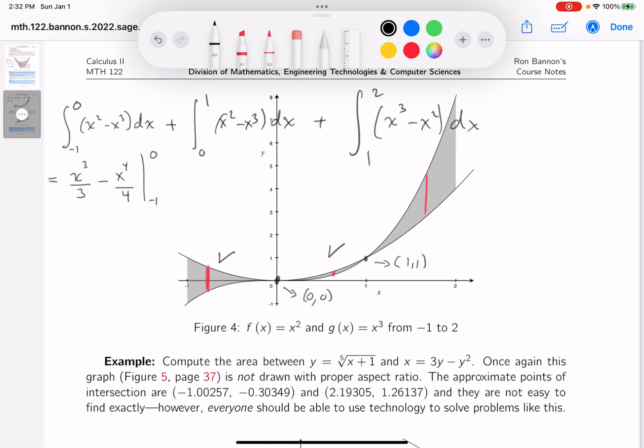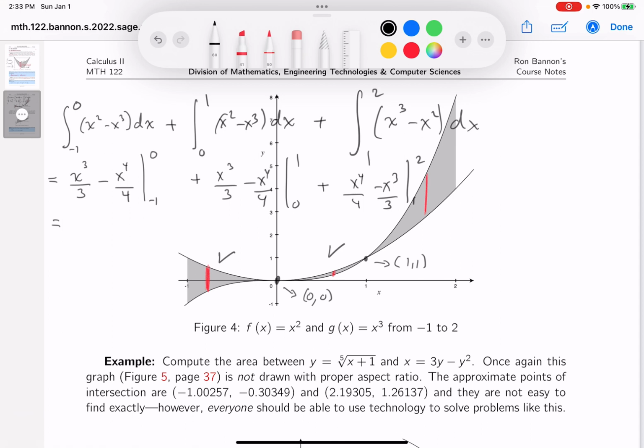Let's put the next one down. What's that going to be? Well, it's going to be x cubed over 3 minus x to the 4th over 4, 0 to 1. The last integration we have, what do we get? Plus x to the 4th over 4 minus x cubed over 3, 1 to 2. All right, let's go to town on that and see what we come up with.